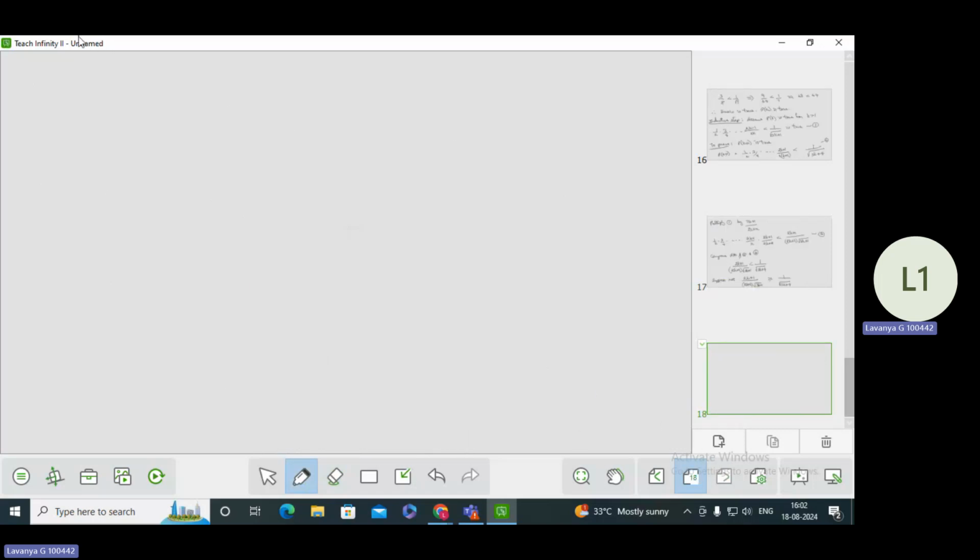Now let us try to simplify this expression. So cross multiply, I will get 2k plus 1 into square root of 3k plus 4, which is greater than or equal to 2k plus 2 into square root of 3k plus 1.